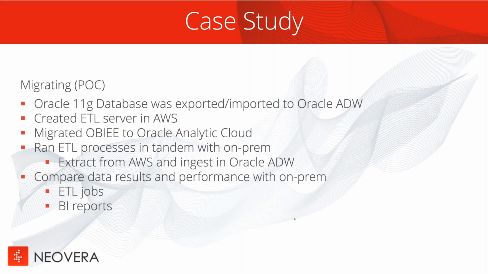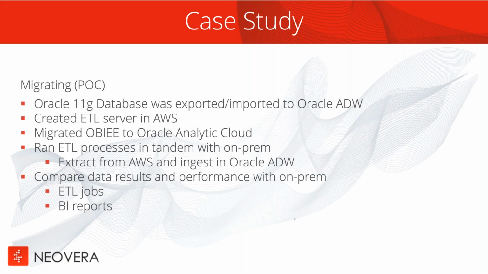So we were actually able to get the databases pretty much in sync between the POC environment and on-prem, run ETL on-prem, run ETL in the cloud environment, and be able to prove that this is better, faster, more reliable, things like that. So we were able to do that all at the same time.